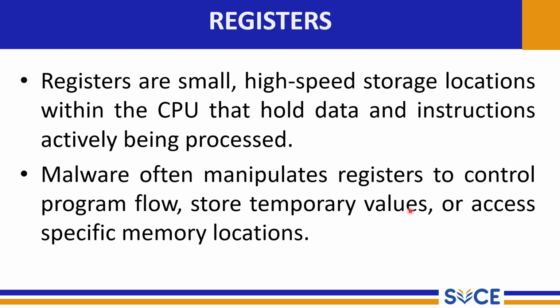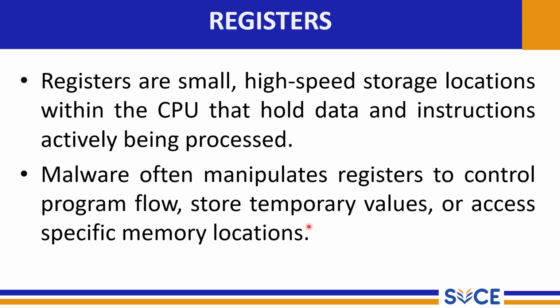For example, the EAX register is commonly used as an accumulator for calculation. ESP points to the top of the stack, and EIP holds the address of the next instruction to be executed. Malware can modify the EIP to redirect the execution to malicious code.